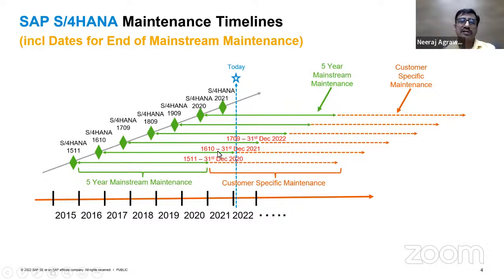So everything has a 5-year cycle, and if you are in a particular release and you have not upgraded, ensure that you upgrade within the 5 years, so that you are not out of the SAP support or the maintenance cycles. This is very important for you to understand, and remember to keep upgrading at least every 5 years.